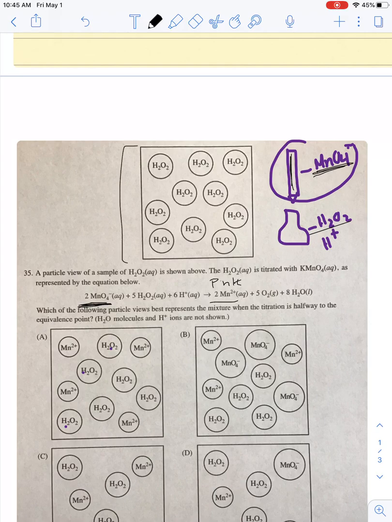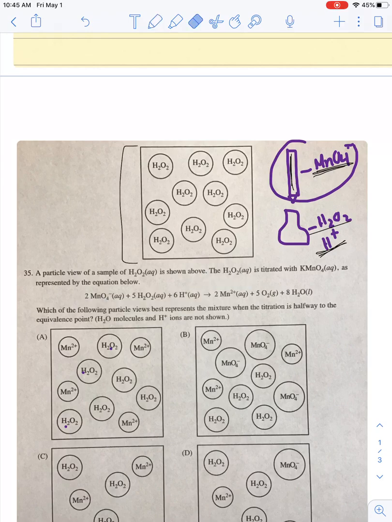They gave you the concentration in this particular problem, but I wanted you to understand the lab setup. The hydrogen peroxide is in an acidic solution, it could be any acid, it doesn't really matter. So you're titrating this unknown hydrogen peroxide with a known amount of permanganate to figure out its concentration.